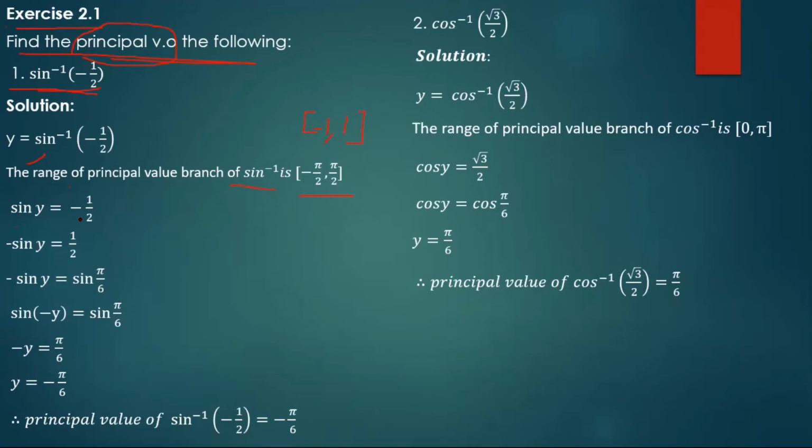So we put this minus over the other side: minus sine y equal to half. When is sine y half? Sine 30, that is sine pi by 6.